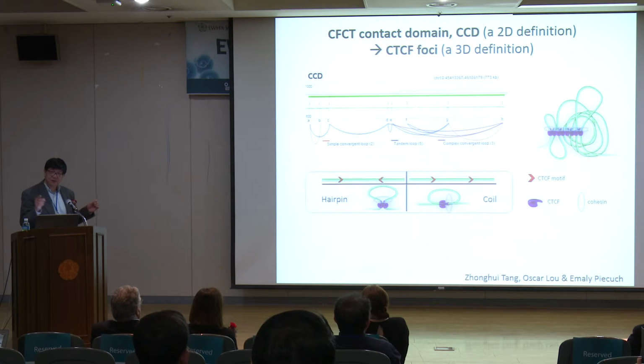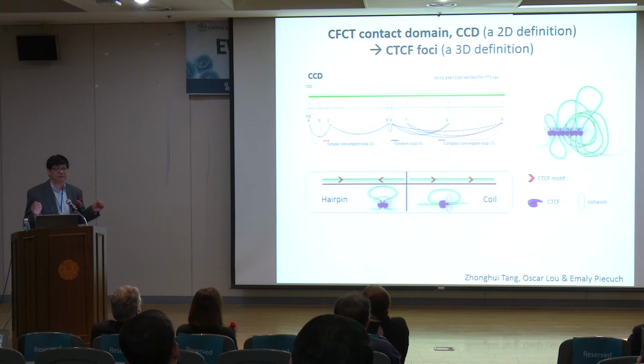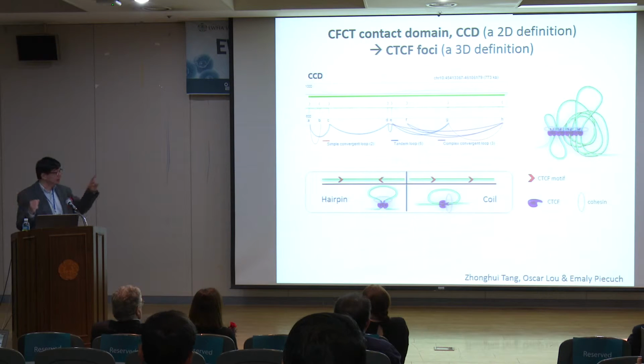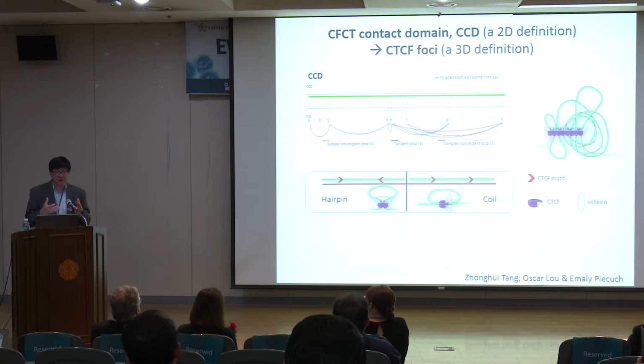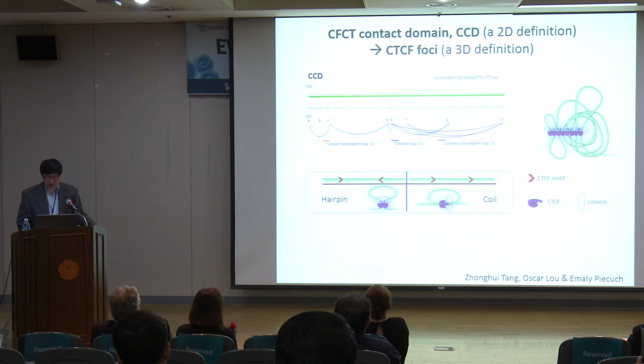In fact, all these 8 CTCF binding sites are interconnected together, which makes us speculate that those binding sites all contact each other to form one so-called CTCF focus structure. They probably form a kind of platform to organize CTCF in the three-dimensional, so-called topological organization.